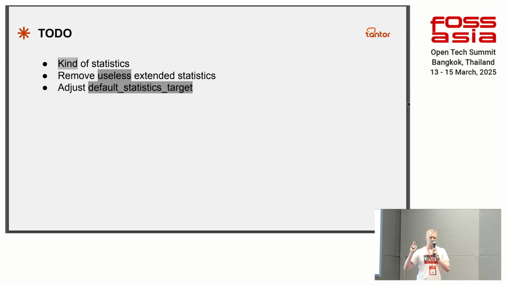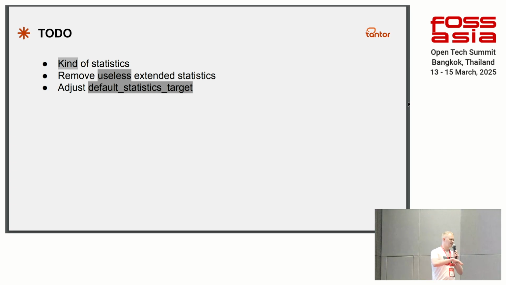So those were the limitations, and now the future plans. The first is about kinds of statistics. Perhaps you know that MCV statistics is compatible with special clauses in WHERE. Maybe someone knows that it's compatible only when you have clauses with var operation const, but not in joins, not in column 1 operation column 2.